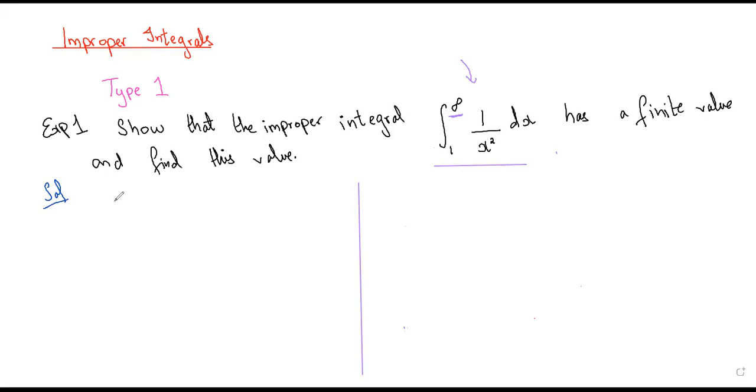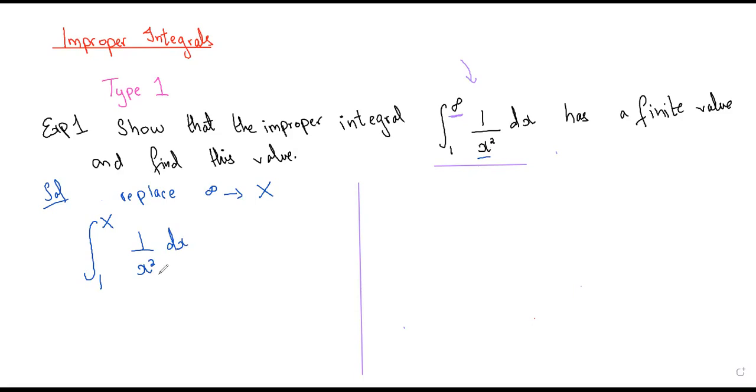Step 1 is to replace infinity with x. I will write capital X because we already have an x here, so that would be confusing. So step 1 is: replace infinity with capital X. We will write down the integral again, from 1 to capital X, 1 over x squared dx.